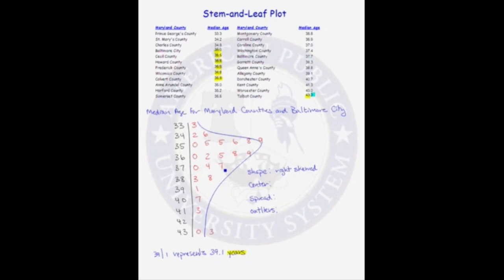I would say the center is somewhere in this region, probably between 36 and 37 years. After doing the graphical representation, you will go on and do numerical summaries for your data distribution, and you will get a numerical summary for the center. But just looking at the data distribution, I would say it's somewhere in this region.